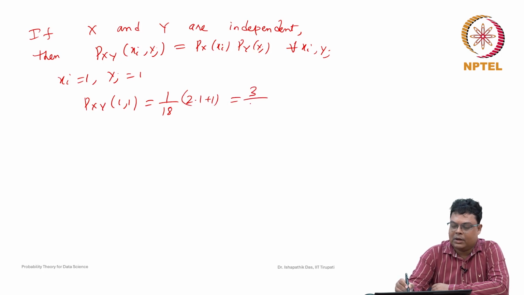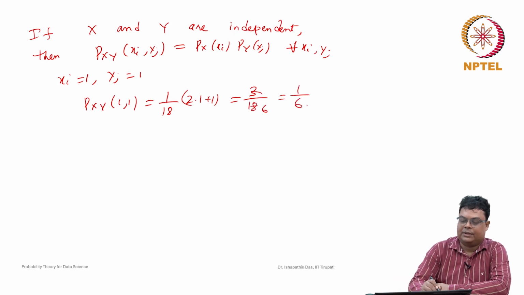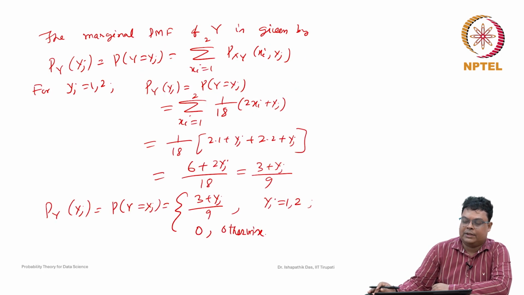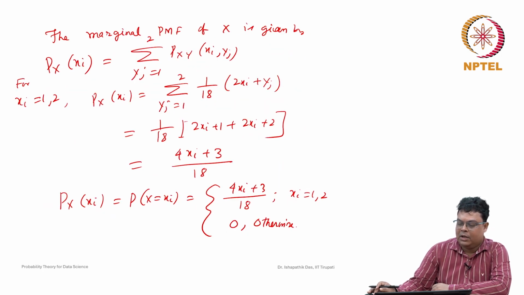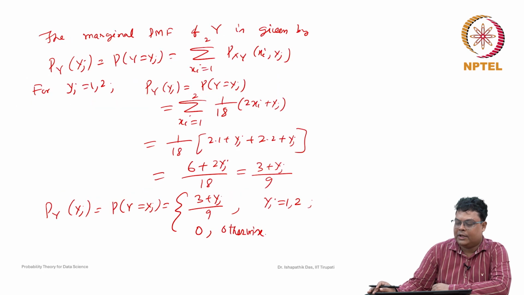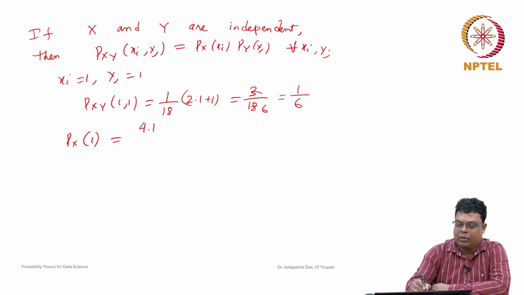So this is nothing but 3 by 18, that is 1 by 6. Now px of 1 is 4 into 1 plus 3 by 18, so this is nothing but 7 by 18.